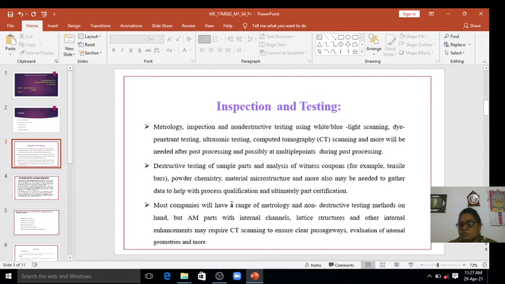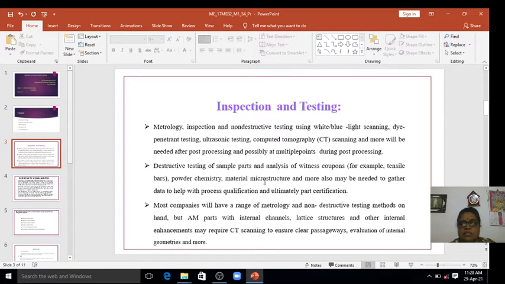Let me go for the first one, that is inspection and testing. Here, for inspection and testing, metrology and non-destructive testing are usually used, say white or blue light scanning, dye penetrant testing, ultrasonic testing, computed tomography, that is CT scanning, and many more inspection methods.